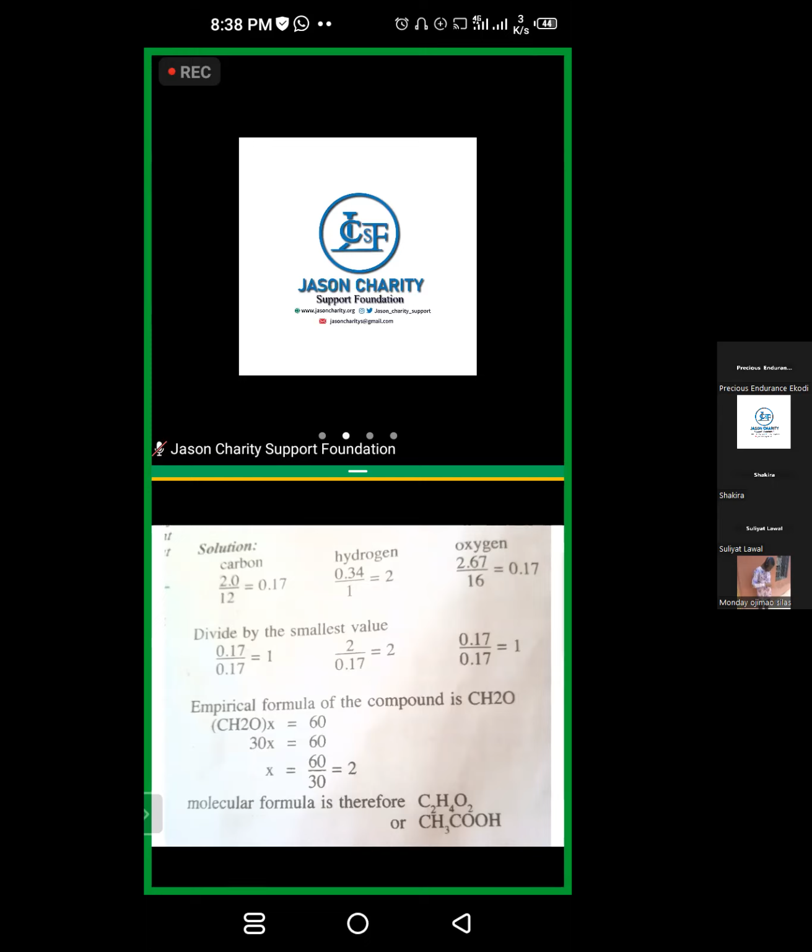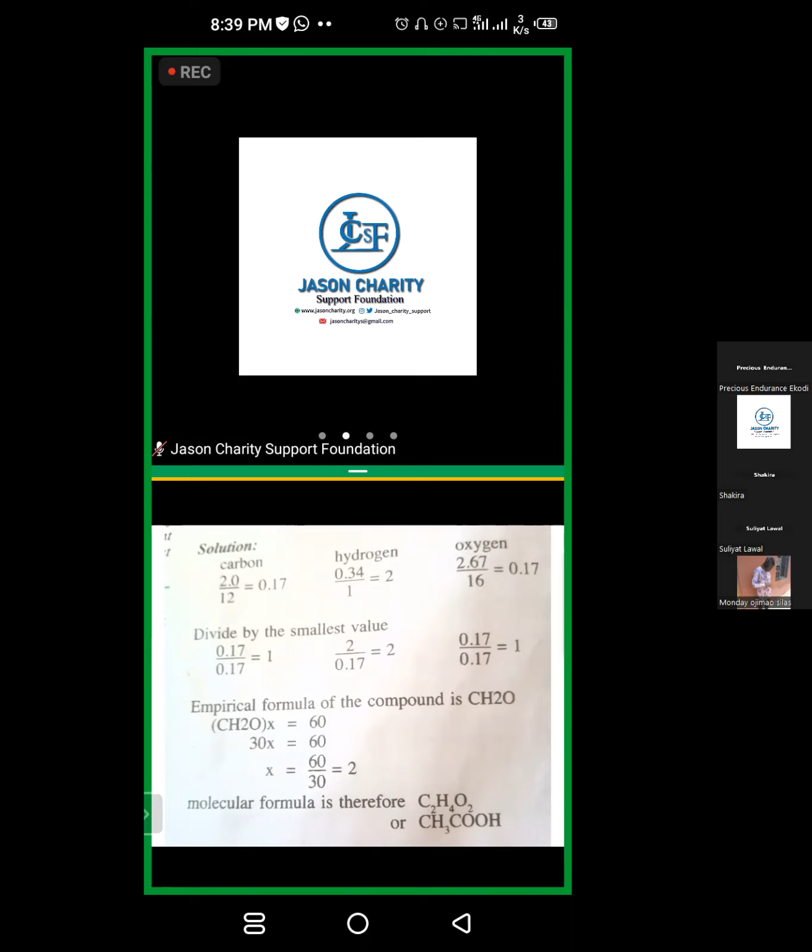So with that, we have the empirical formula of the compound: carbon is only 1, hydrogen has 2 atoms, and oxygen has 1 atom. As we said, the empirical formula helps you determine the ratio of each of these elements, so the ratio here is C1H2O1. But you don't have to write the 1, so you just write it as CH2O.